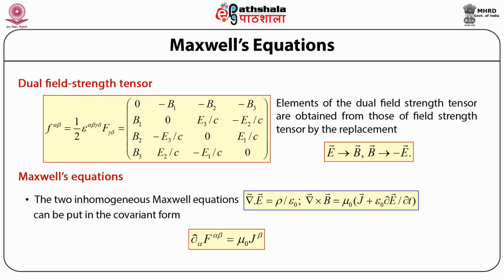So these are the two inhomogeneous Maxwell's equations, and from these two equations we can put them in a covariant form using the field strength tensor, and this is given as del subscript alpha acting on capital F superscript alpha beta is equal to mu naught times J superscript beta.